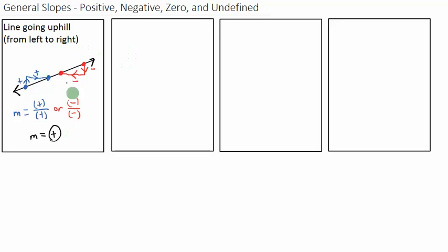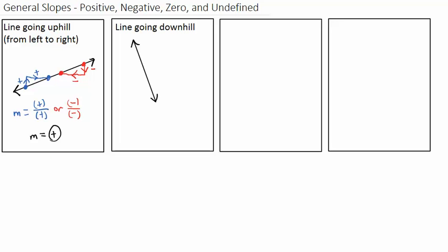Okay, I've went ahead and put that in a box and I've made three others for the three other cases. You can probably guess that the next case will be a line going downhill. So maybe it looks like this. And I'm not going to do a blue and a red rise and run for all of these now. My point was you could do it in either way and you would get the same final slope answer anyway.